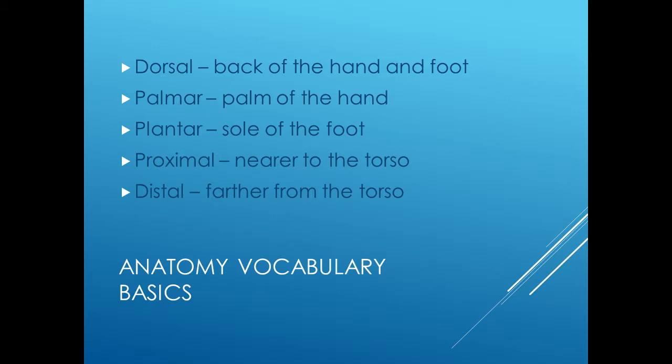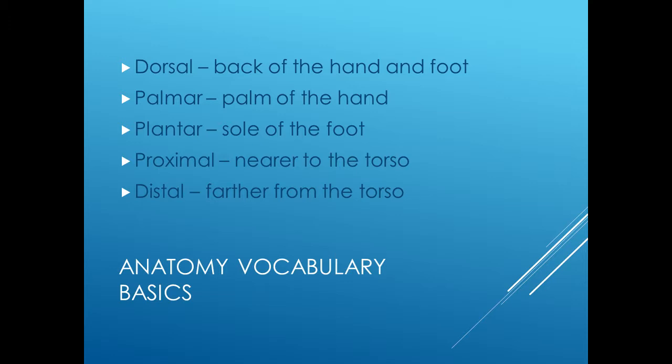If you stick your pointer finger out and point it away from your body, then the tip of your finger, that bone in the tip of your finger, that is the distal bone. It's farther from the torso than the bone right next to it, the middle bone of your finger. And so we would say that bone is proximal because it's nearer to the torso than the bone that is at the tip of the finger.